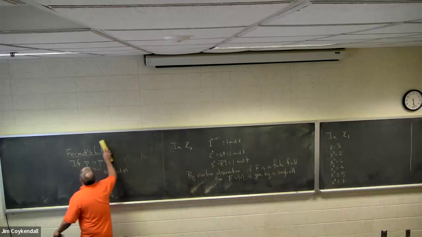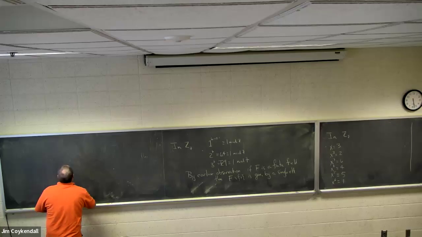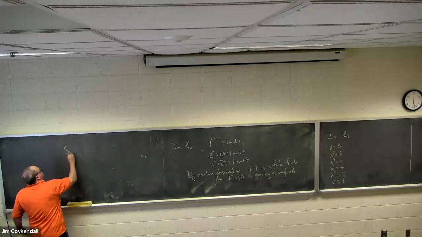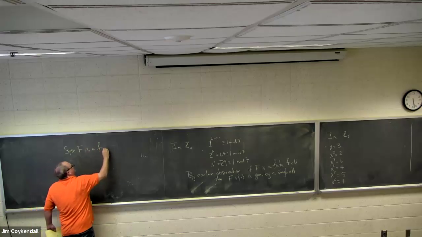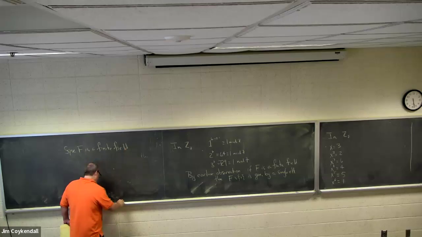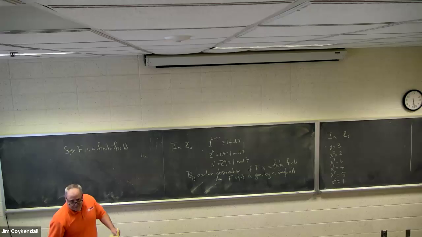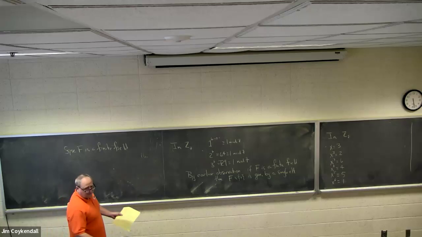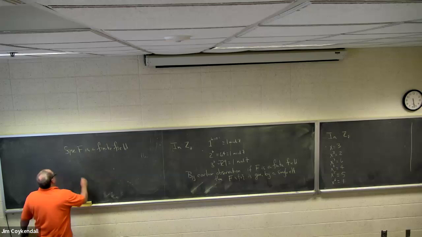Here's what this all means to us. Suppose F is a finite field. Now, I haven't shown you any beyond Z mod p yet. But indulge me and let's assume these exist.